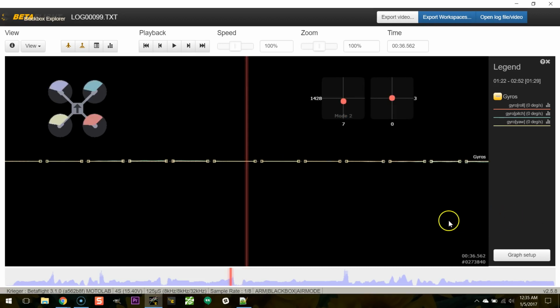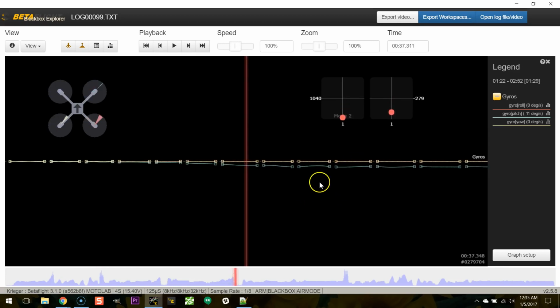Now, interpreting these lines takes a little bit of practice and getting used to. When the gyro lines are centered at 0, I want you to think of the copter as holding its attitude. As you move forward and you see that this line becomes negative, that's telling you that the copter is pitching backward. And the more negative the line is, the faster the copter is moving.